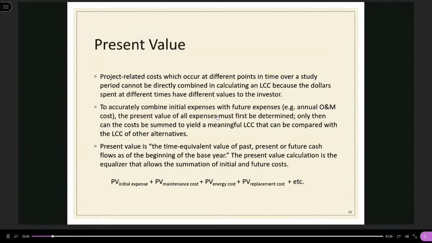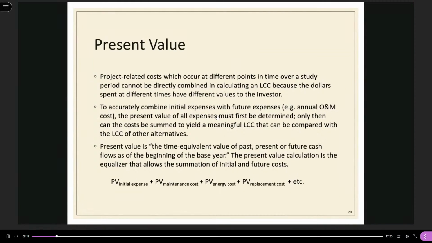So present value is the time equivalent value of past, present, or future cash flows as of the beginning of the base year. The present value calculation is the equalizer that allows the summation of initial and future costs. Okay, so through the calculation of present value, we can add up the initial and the future costs.